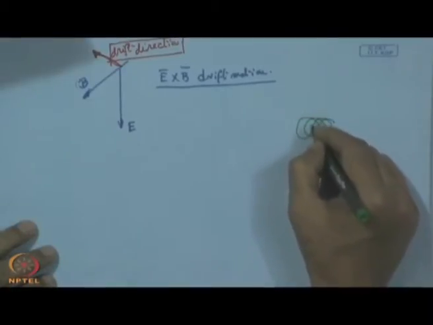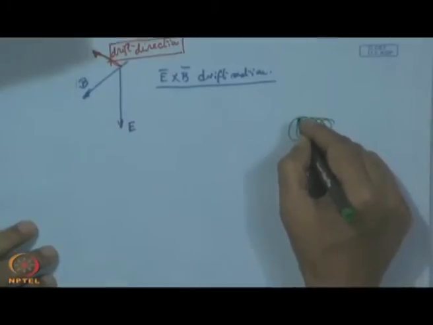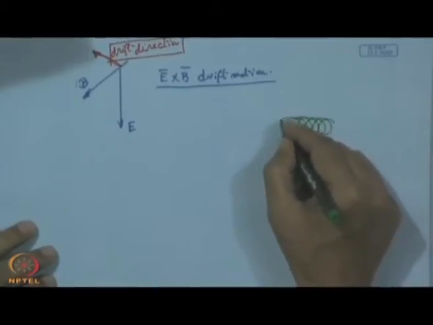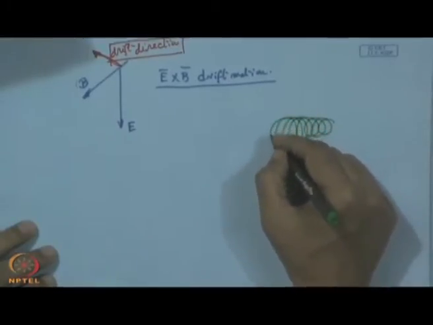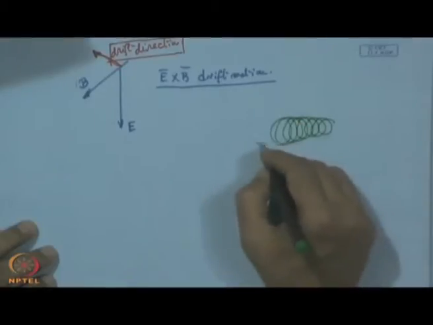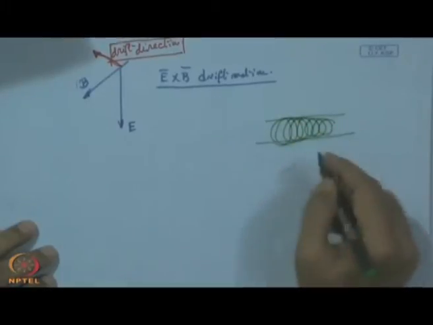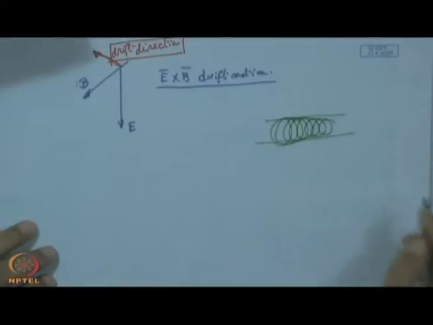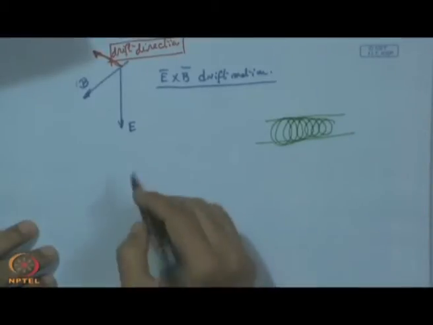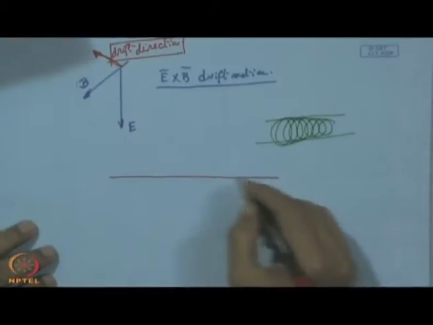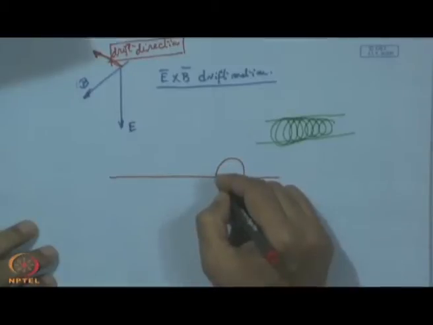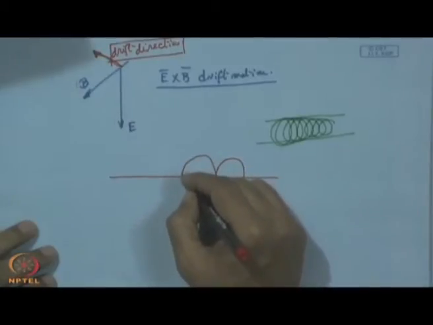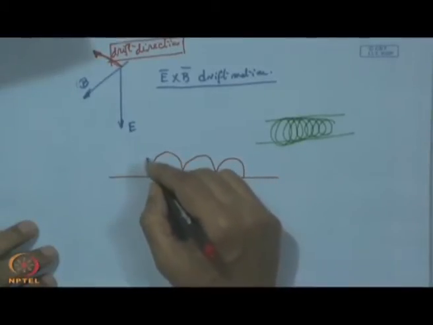So, it is moving in this direction, but it is also almost following an orbiting, and at the same time it is moving. So, this is a drift motion. However, another extremity will be where we have what we call a cycloidal motion, that means it is something like this. So, it will be more or less like a cycloidal motion.